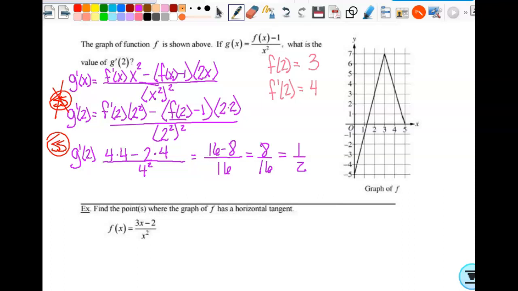That is not the answer. What did I do? It should be 3 times 4. Where did I get 4 from? Oh, shoot. Look, f prime of 2 is 4. Well, that's what I put. But f of 2 is 3.